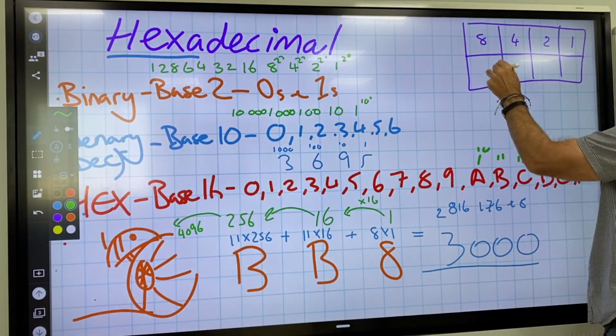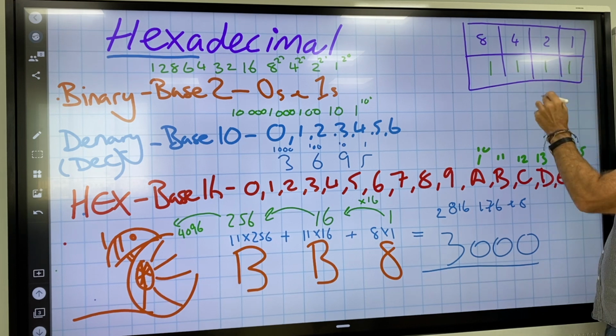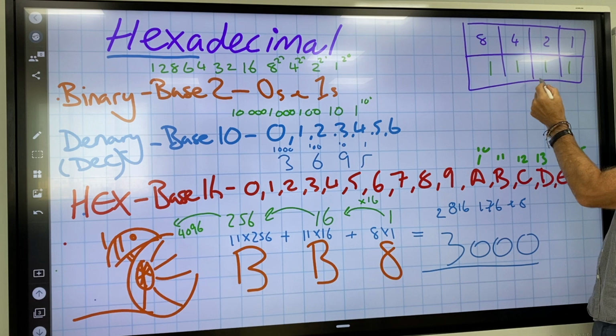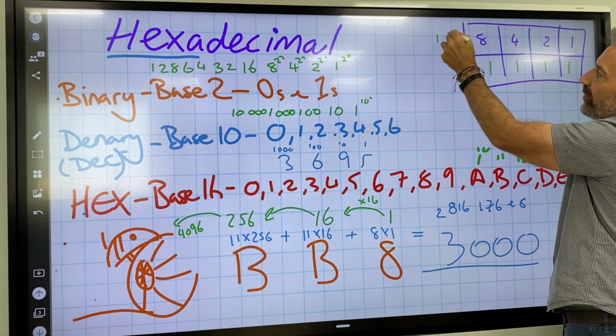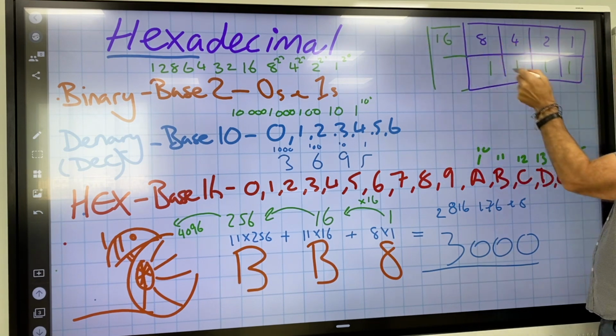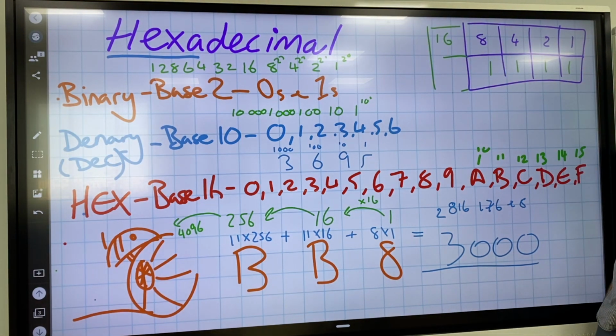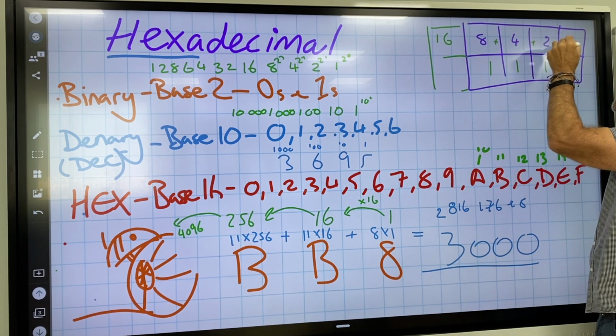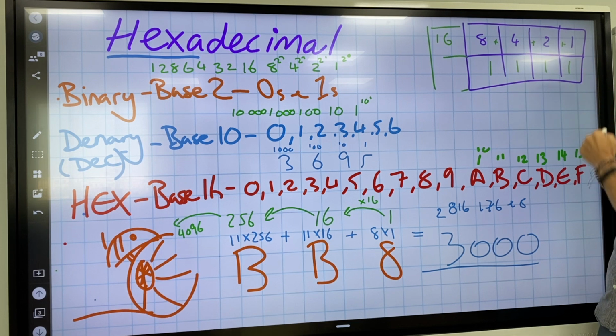If I put 1s in here, this is the maximum I can fit in here before I have to go over to the 16 into the next column. What's this number here? From binary to denary, if I'm not mistaken, let's add them together. 8 plus 4 plus 2 plus 1.